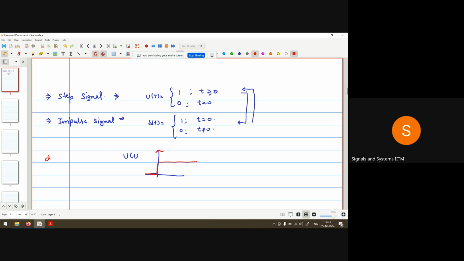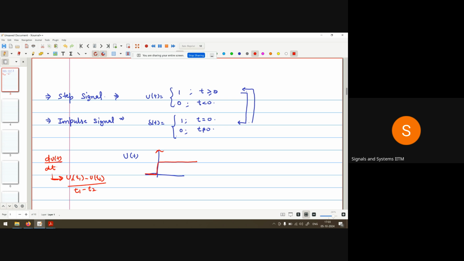If I take d of u of t upon dt, what is the meaning of this differentiation term? Can I represent this as u of t1 minus u of t2 upon t1 minus t2? Okay, this is the differentiation property.